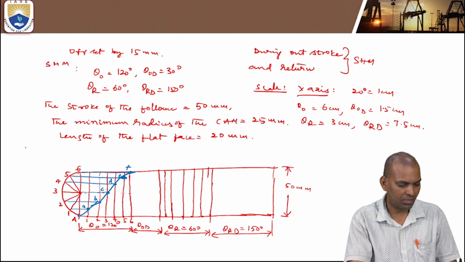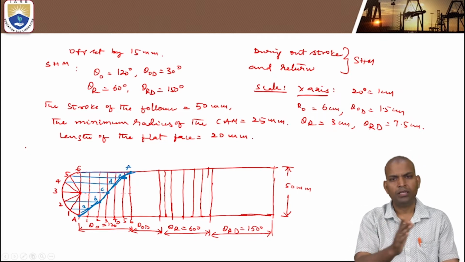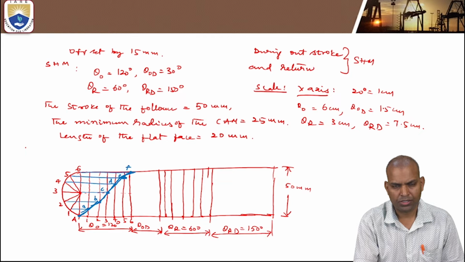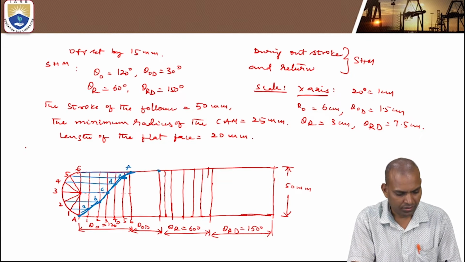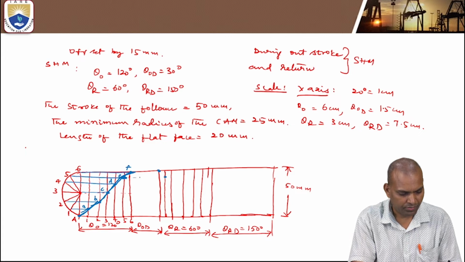This is the SHM motion curve. Transfer these points from the outstroke to the return stroke, with an equal number of points, and after that, join the curve.